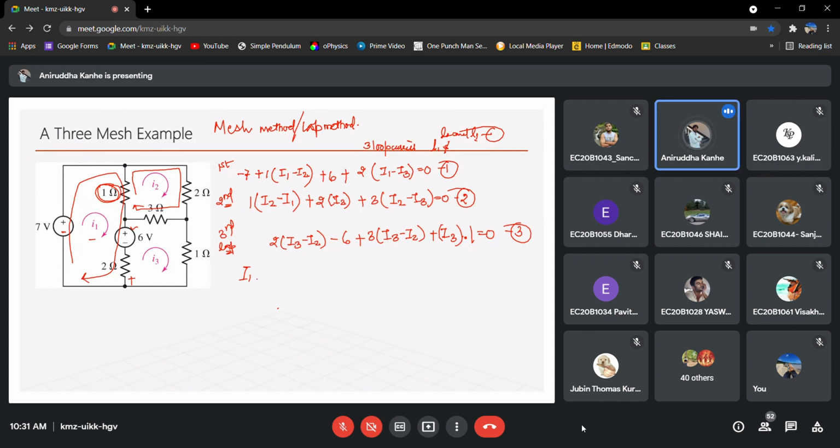So you are having three unknowns and three equations, I1, I2, and I3. Someone told the answer for I1. What is the I1 value you got? Sir, I1 is 3 ampere, I2 is 2 ampere, and I3 is 3 ampere. Is that correct?